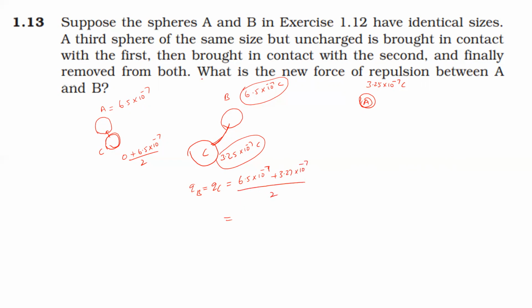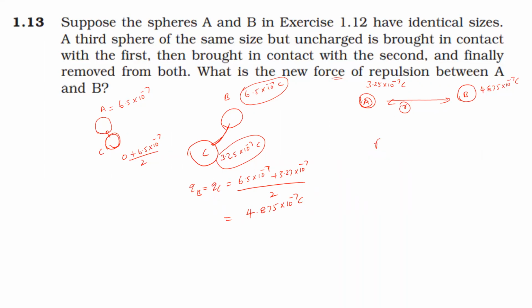So this is equal to 4.875 into 10 power minus 7 Coulomb. Now sphere B finally has 4.875 into 10 power minus 7 Coulomb. The distance between them is unchanged. They are asking only for the new force between A and B. That means the distance is not changed, we assume.